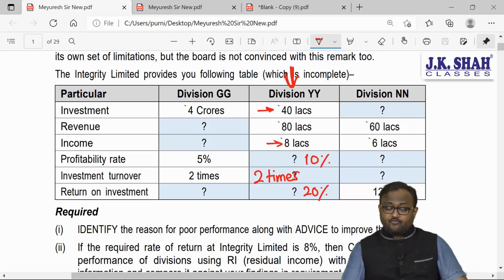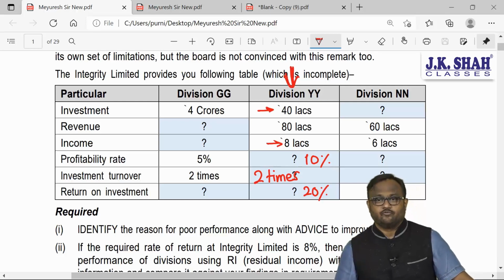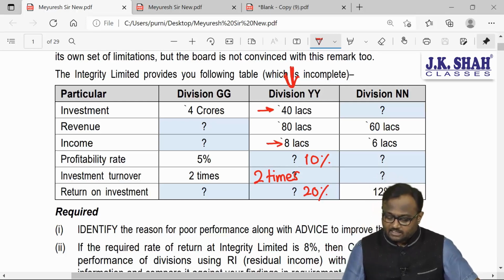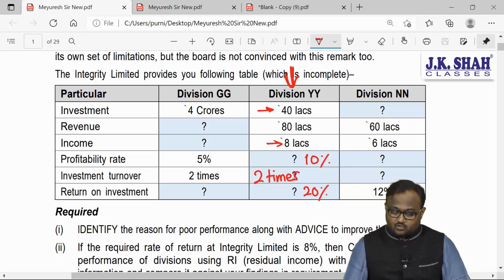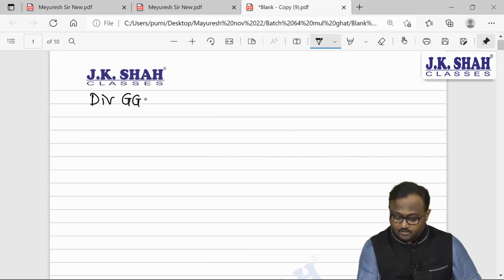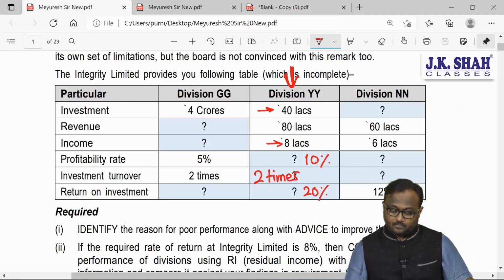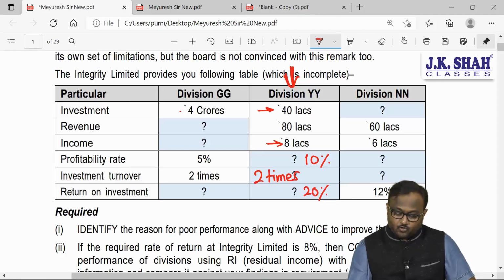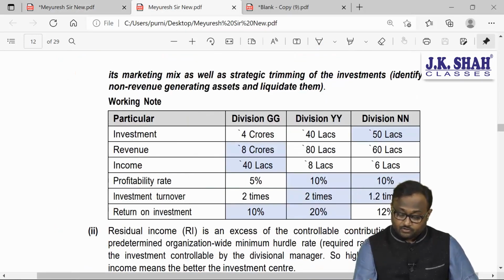Before we read the next part of the question, let us complete the question mark part, guys. Let's go for division GG. Your investment is 4 crores. You have profitability 5%. Investment turnover is 2 times.